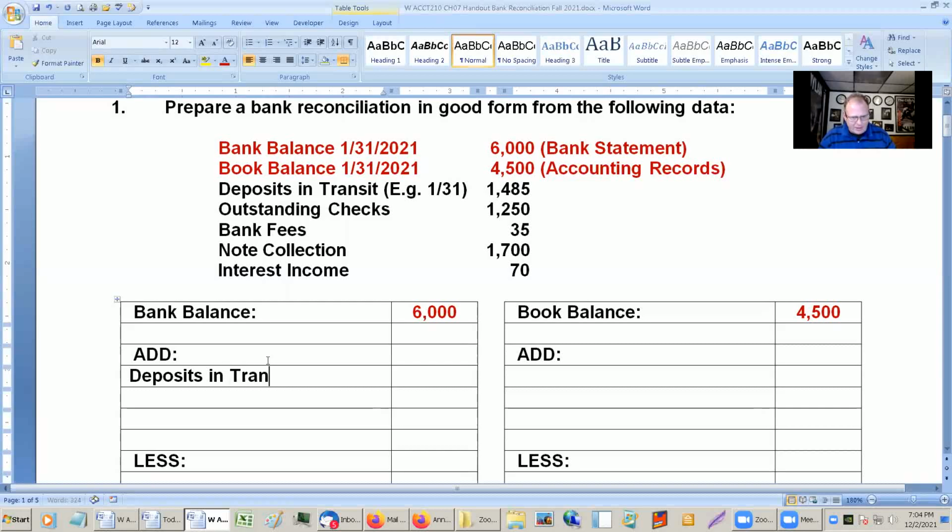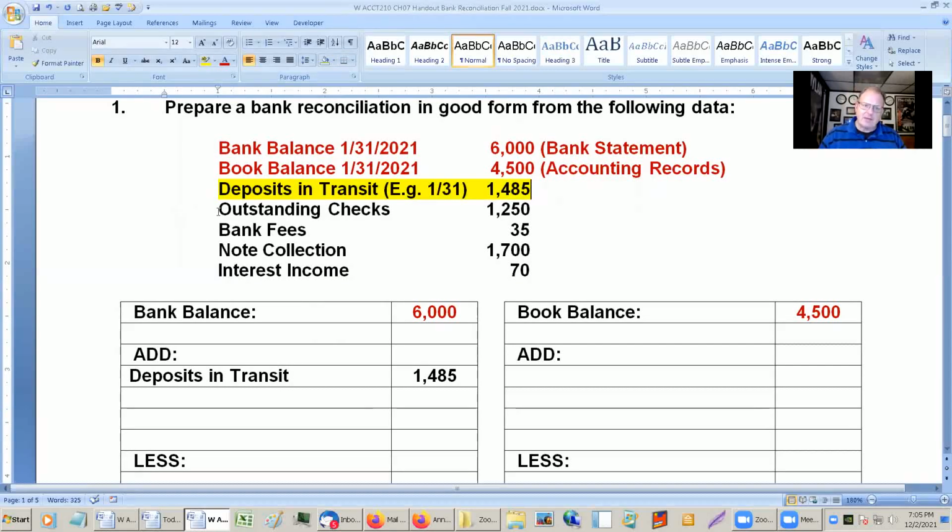Again, kind of a funny term, but that's what they call deposits in transit. That just means that they were delivered to the bank, but the bank doesn't have it in yet. Okay. So our deposit in transit. And again, we know that we made the deposit. The bank just doesn't have it in yet.